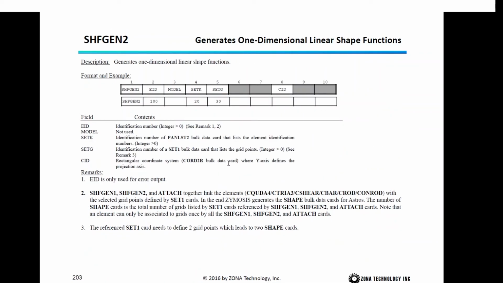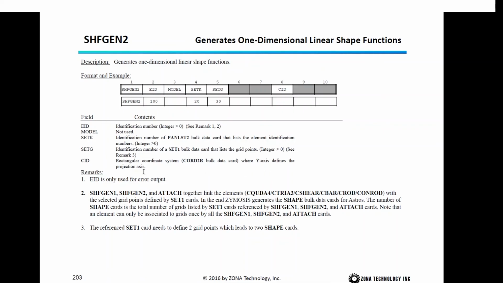SHAPEGEN2 generates 1-dimensional linear functions. Again, it refers to a PELIST2 card that lists the element IDs. It refers to a SET1 card, usually listing 2 grid point IDs of this micro element. Again, this one refers to a CORD2R card, and the y-axis defines the projection axis.